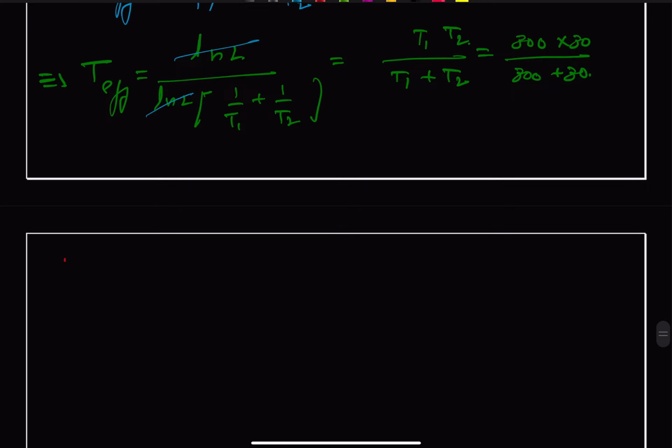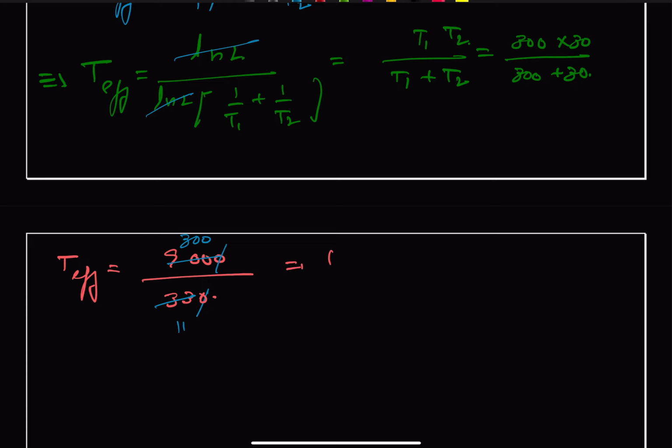So we get our T effective will be equal to 9000 divided by 330, and the 0 we can easily cancel out, this goes by 11 and this goes by 300.